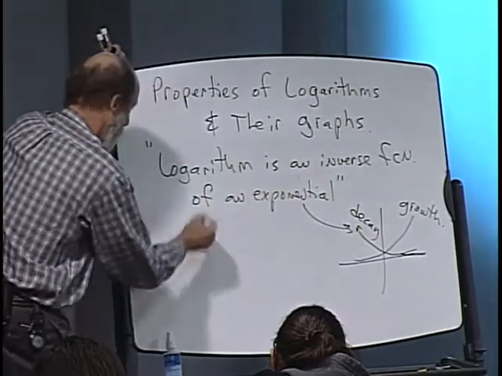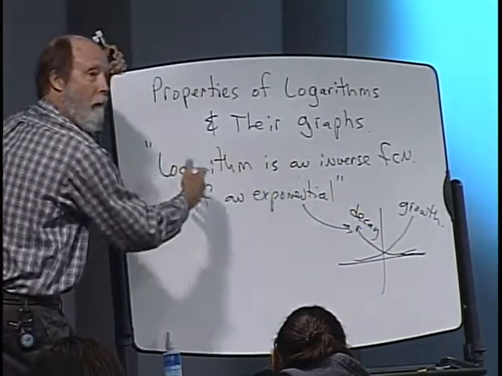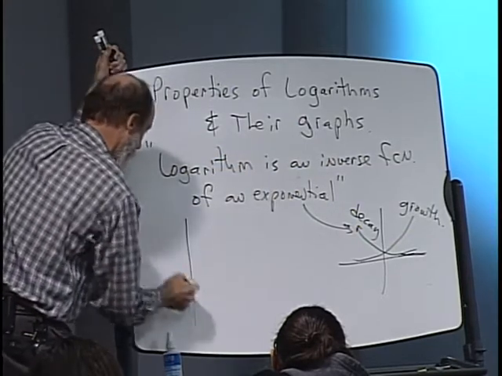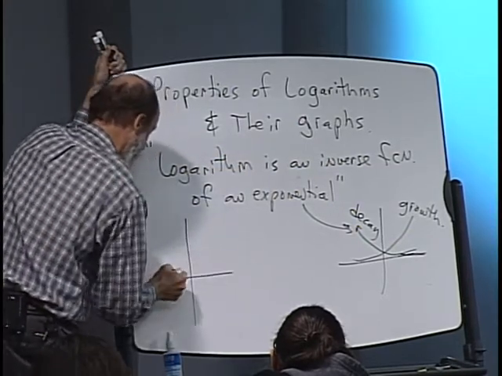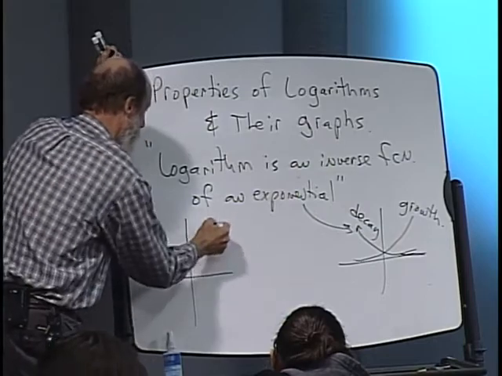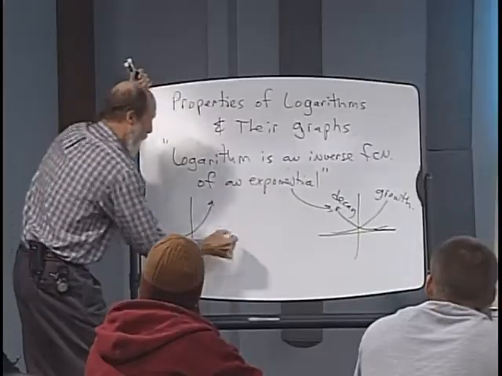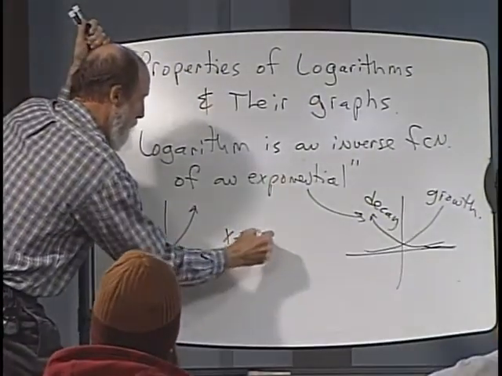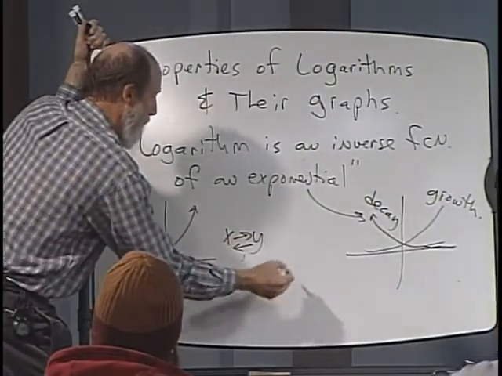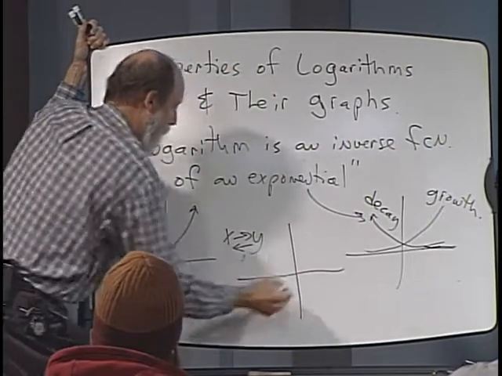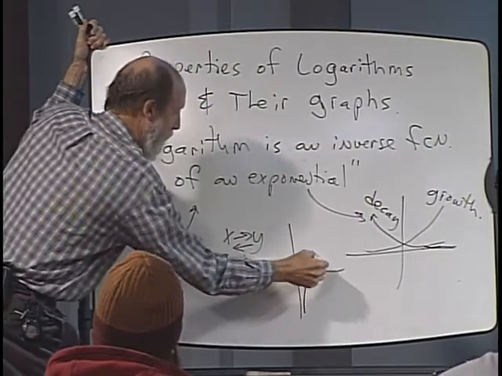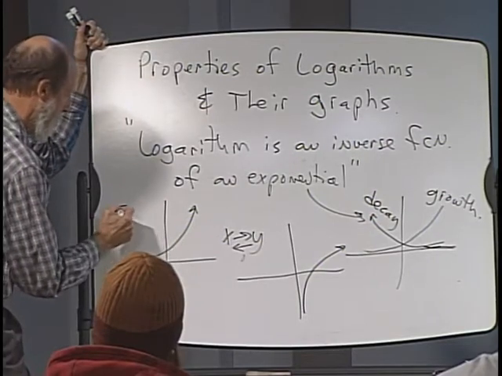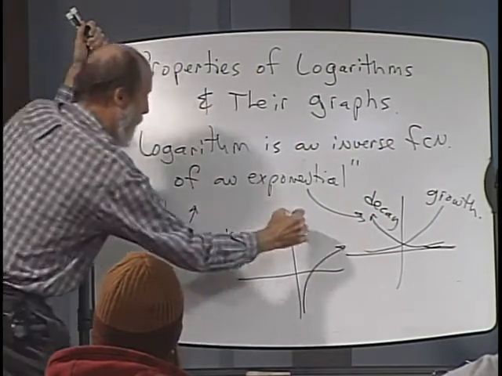So here's the idea related to this way of explaining to someone what a logarithm is. If you start with an exponential, say like this, then you interchange your x and your y, and you're going to get a graph that's going to look like this. So here's the exponential, and here's the logarithm.